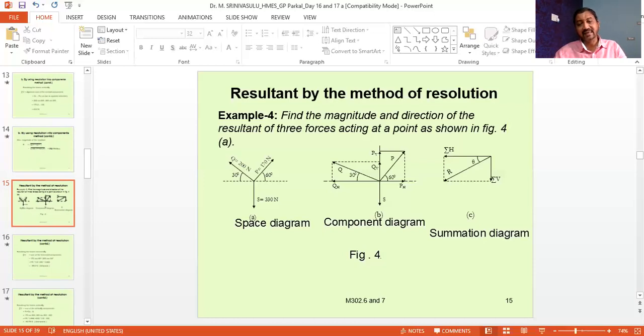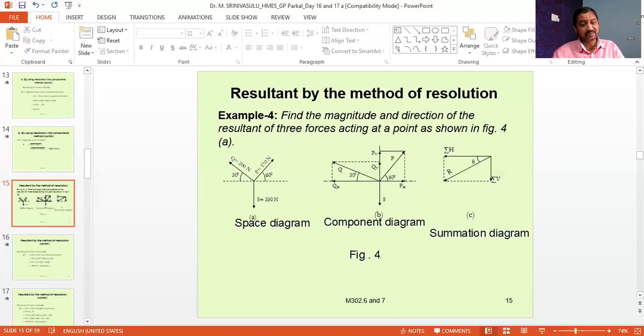We know that sin 90 is equal to 1, therefore S into 1 is equal to S. Therefore, the horizontal component of the vertical force is 0 here, and the vertical component of the vertical force is equal to the force itself, that is S value.